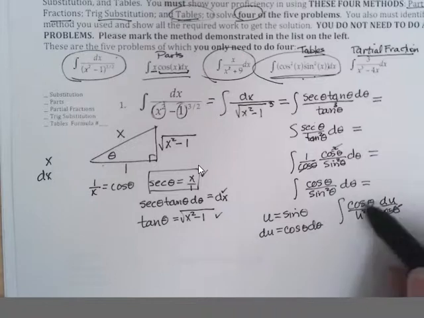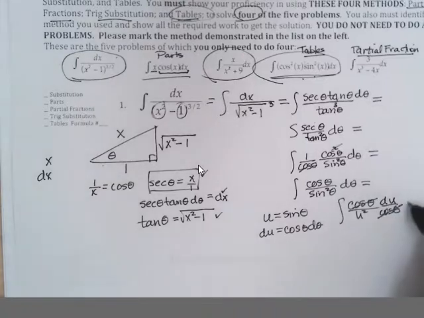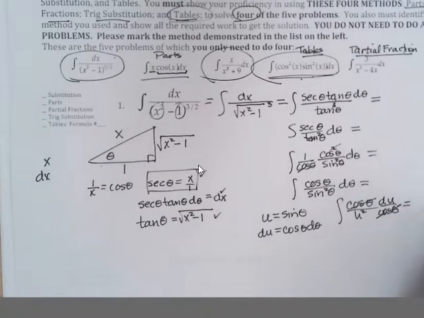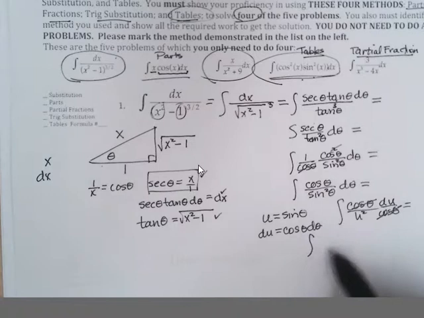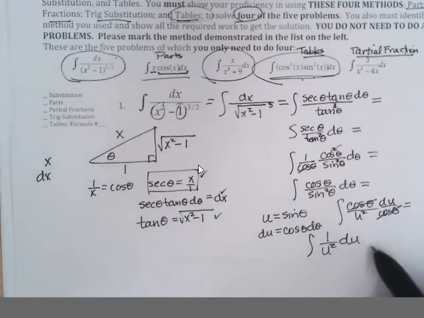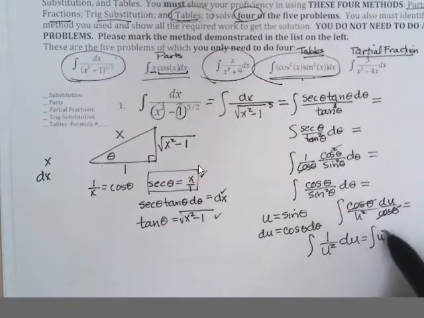The cosine thetas cancel, and we have the antiderivative of 1 over u squared du, and that's the same as the antiderivative of u to the minus 2 du.